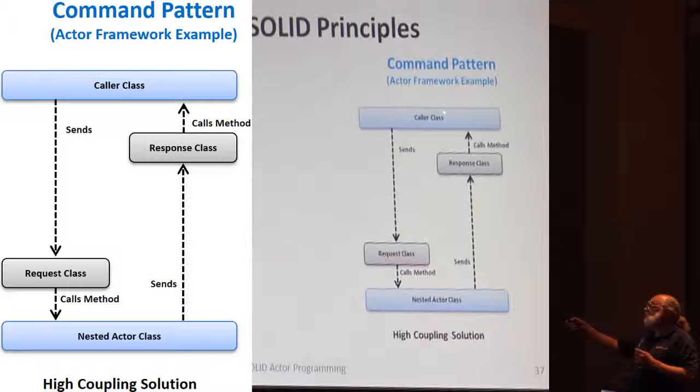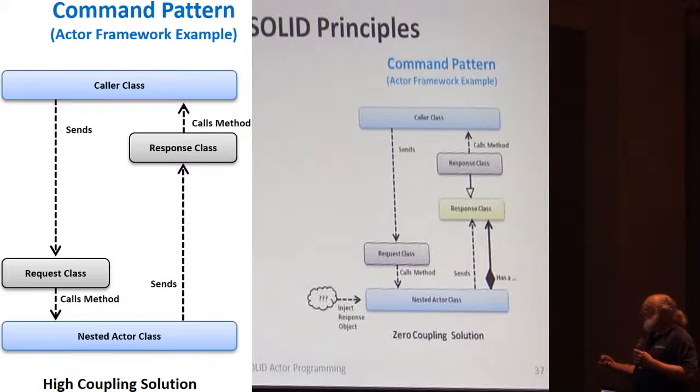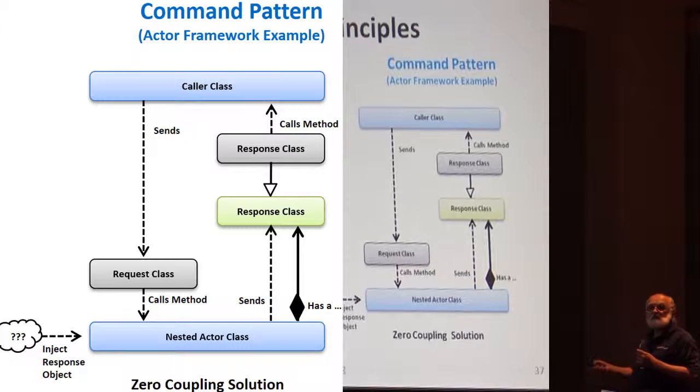So what actor framework does, it says only use the zero coupling solution. And what that is, for each public message, this is the response. For each public message, you create an abstract class, and it is implemented by a response class, etc. And somebody has to inject it inside the nested actor, probably at startup. And this was extensively discussed yesterday at Casey Lamer's presentation.